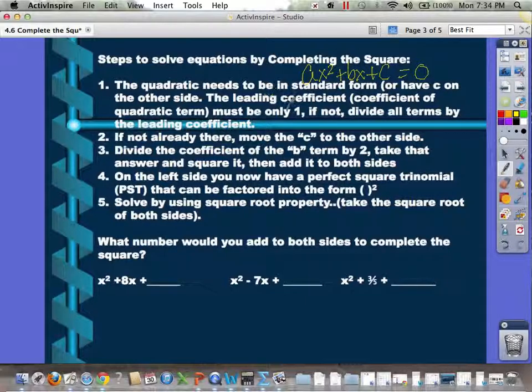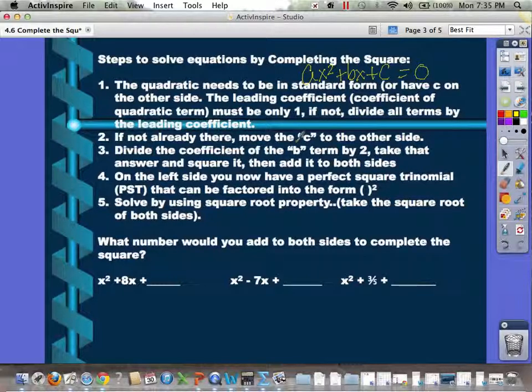The leading coefficient, which is the coefficient of the quadratic term, that's the a, has to be only 1. And if it's not, then we need to divide all the terms by that number. If it's not already there, we need to move the c to the right side.